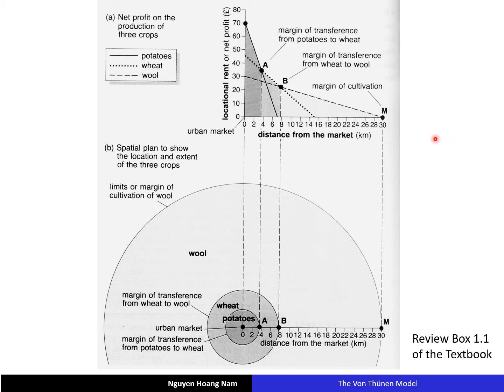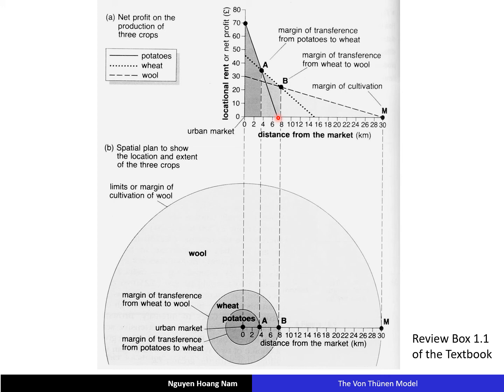It depends on the formula that we have just learned, the equation, location range. For each crop we will be able to draw a line, because location range is a function of distance and other parameters like I've just explained: yield, production price, and transportation cost per unit.